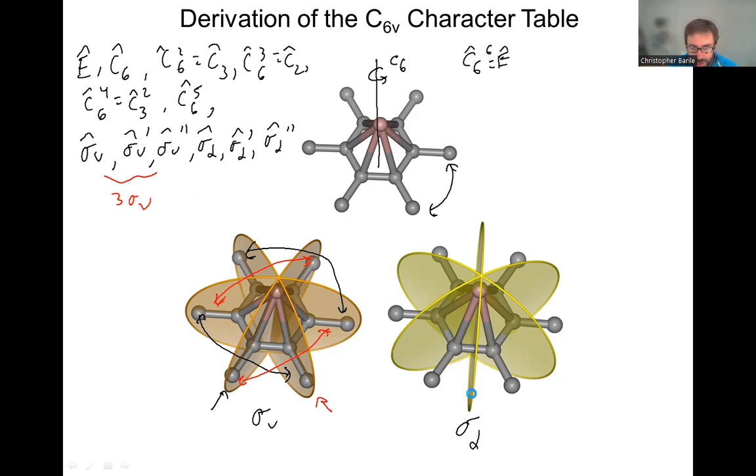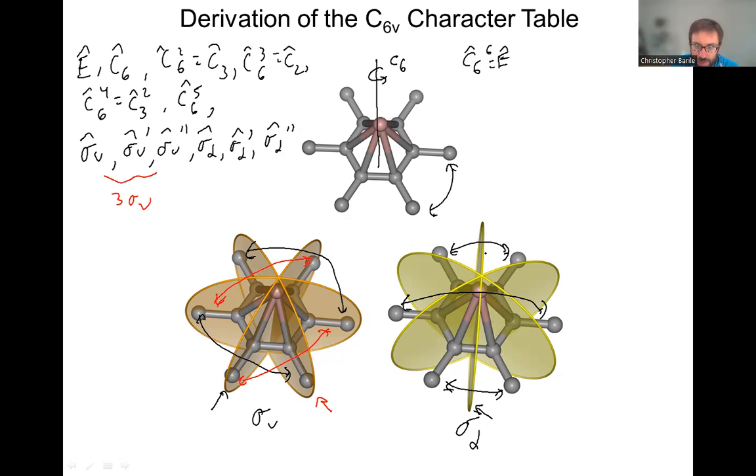For the sigma D's, you can see they behave quite differently. If we look at this one, these atoms interconvert, and these atoms interconvert, and then these atoms interconvert. So all 6 of these periphery atoms interconvert. And by the way, the other atoms on the hexagons interconvert in analogous ways. I just didn't show them there.